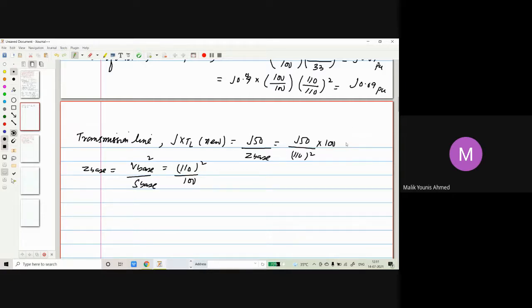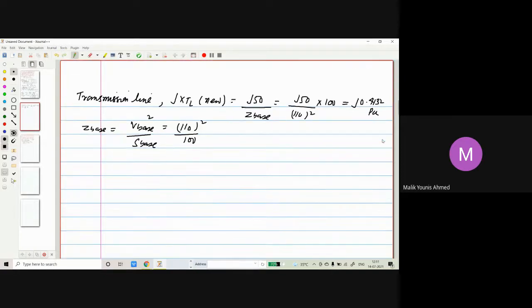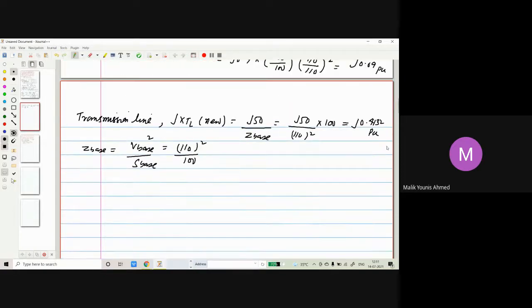If you calculate it, it is going to come out to be J 0.4132. I have calculated this already. So transmission line, the new value of the reactance is J 0.4132.